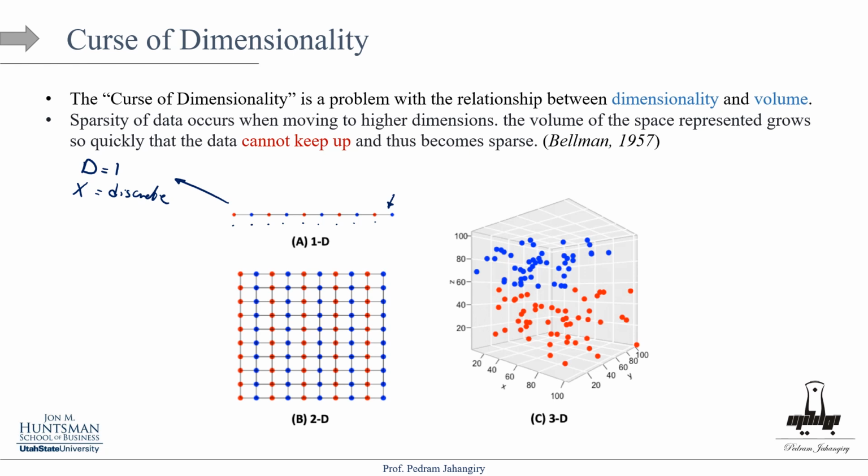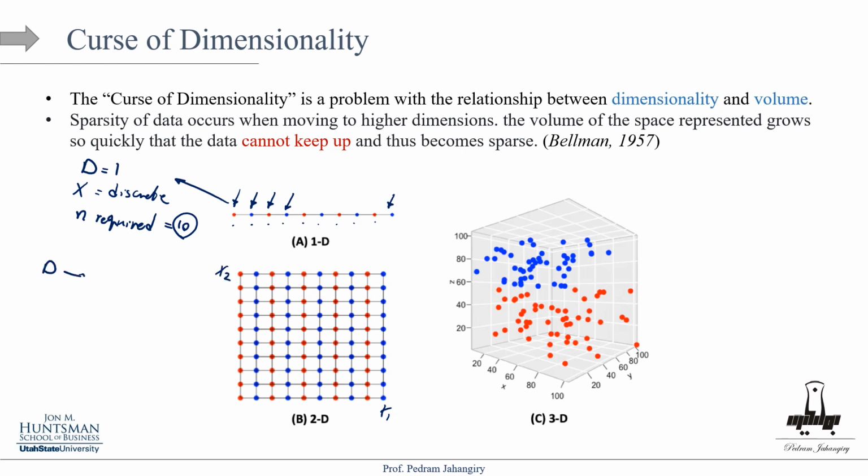What is the number of required observations to span the entire space here? The answer is 10. If I have 10 observations, and the random variable is discrete, then I only need 10 observations to span the entire dimension. Now, as we go from 1 dimension to 2 dimensions, let's say here we have x1 and x2.